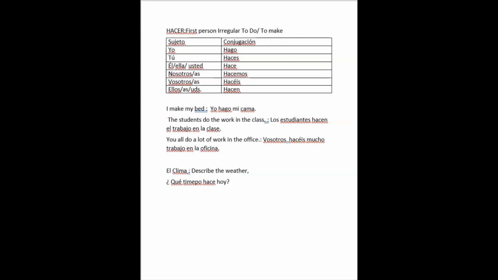Okay, so to define different seasons, we have certain expressions. The expression is hacer sol, but since this is only used for nature, it is third person singular.